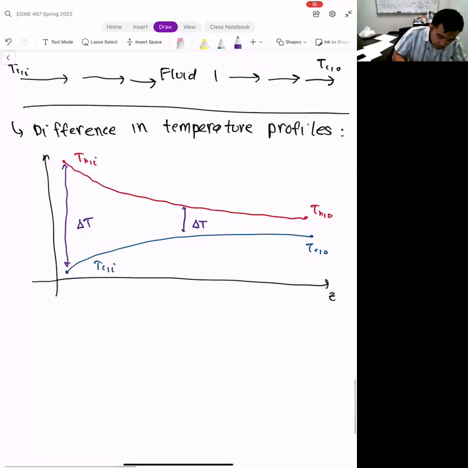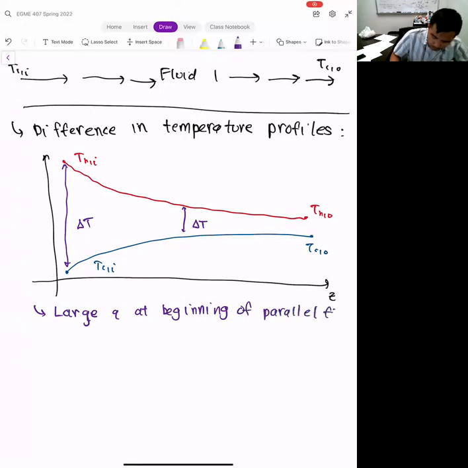Because of this, we have this interesting trend where, near the inlet of a parallel flow, you have a large amount of heat transfer. But then that quickly diminishes. As you flow along and the fluids get closer in temperature, that Q is going to diminish.